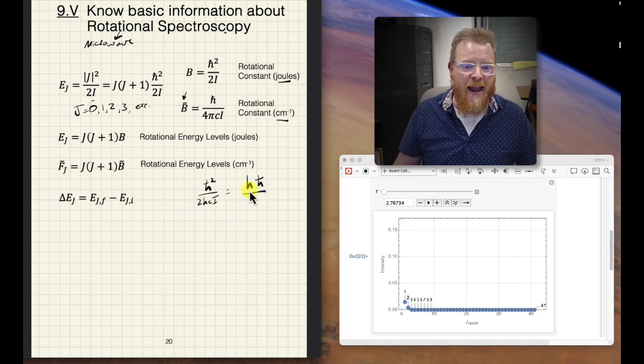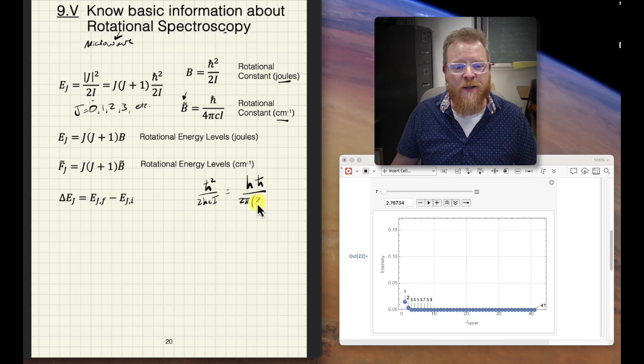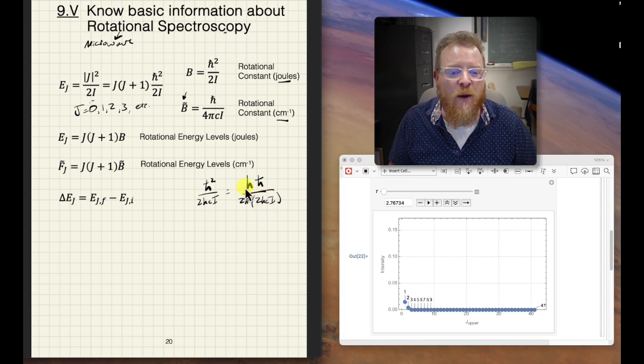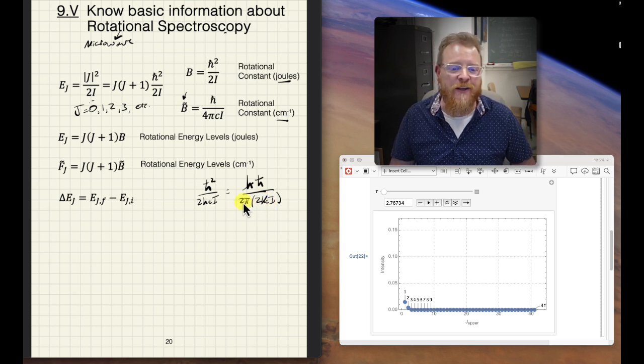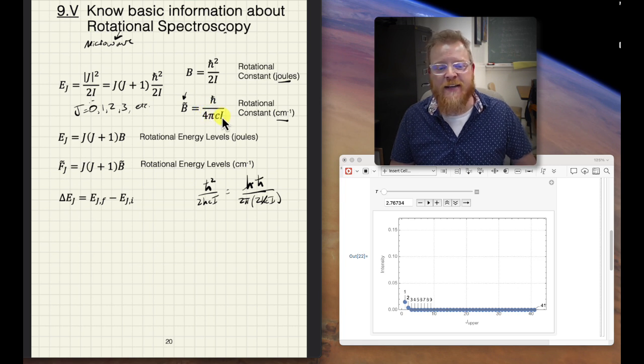So my h that I separated from this h bar is now 2 pi. And then I still have all that stuff on the bottom, 2hc over I. So you can see that 1 h will cancel with 1 h. 2 times 2 is 4, and thus I get h bar over 4 pi c times I.